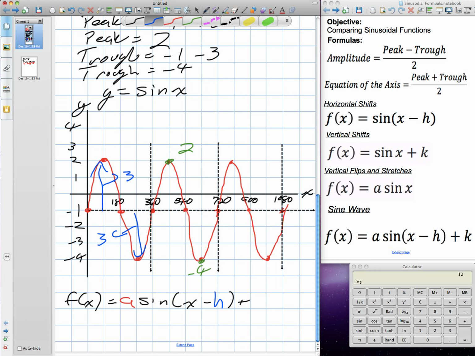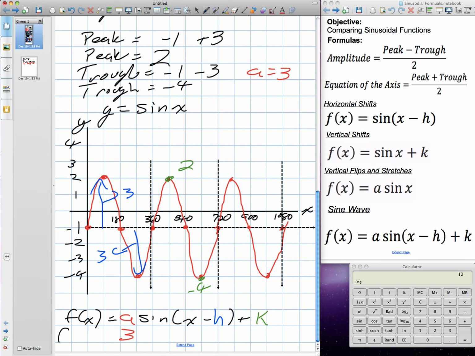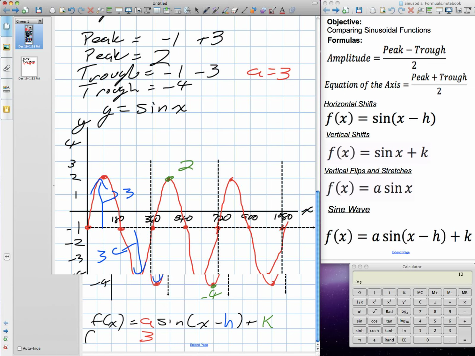Does anyone know what our a value is technically going to be? The amplitude. That's exactly right. So what was our amplitude? 3. So right away, I know my a value, because the amplitude is 3. A equals 3. So I have that piece of the information.